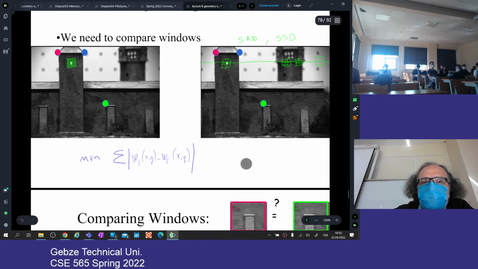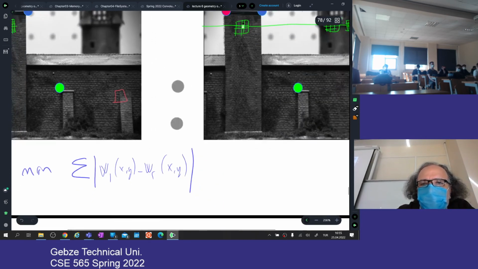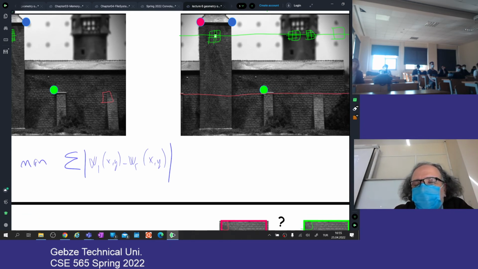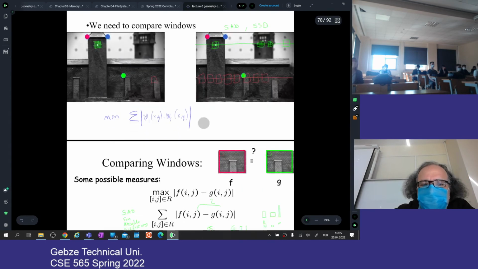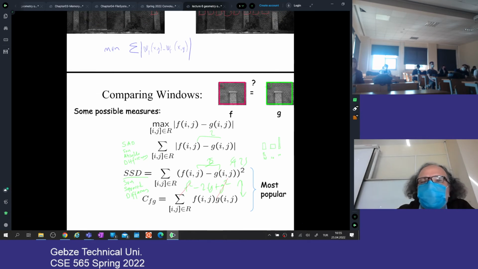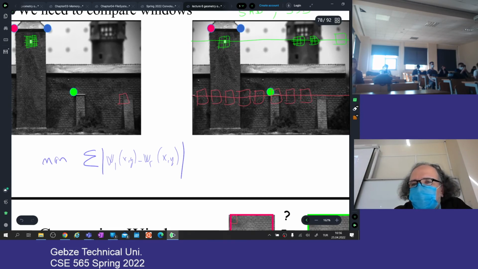So what are we going to do? We will take this window here, on the same corresponding line, and we will check each window one by one and run one of these: SSD, cross correlation, or the sum of absolute differences algorithm, and choose the window that minimizes one of those metrics, and hopefully you are going to get this one.